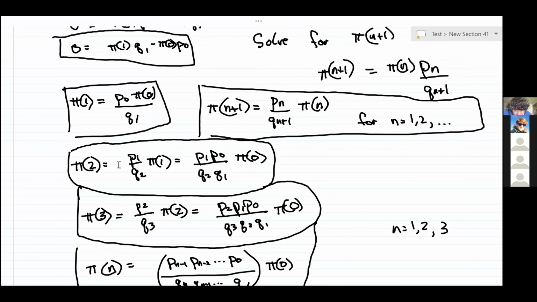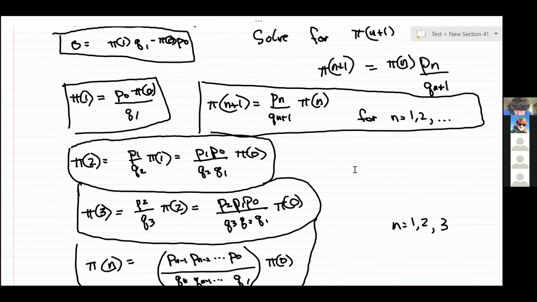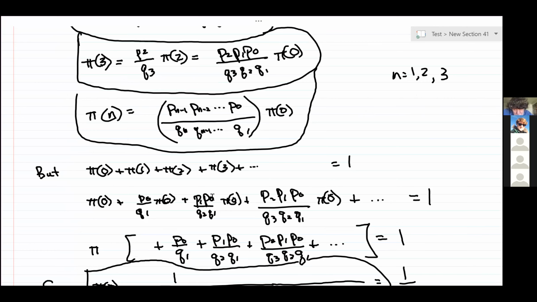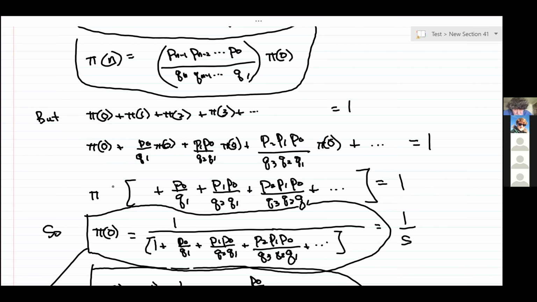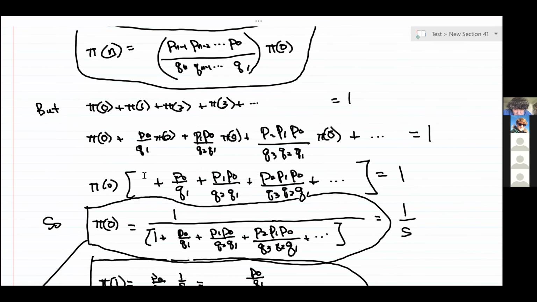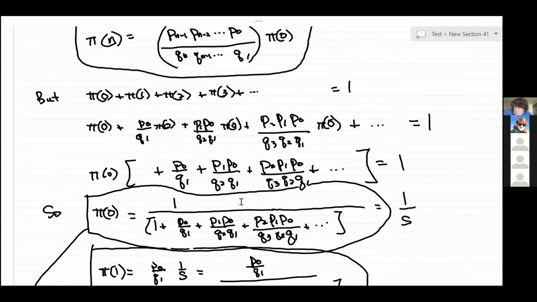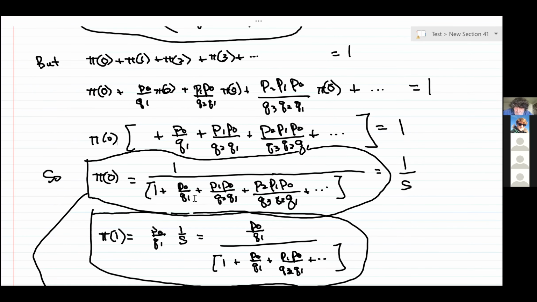We'd be stuck if we didn't remember that all the pi's add up to 1. So if you put that into one equation, you get this, the pi 0 factors out. And you get an expression for pi 0, which involves this infinite series. At this point, we didn't even think about whether the series converged or not. We sort of assumed it did.